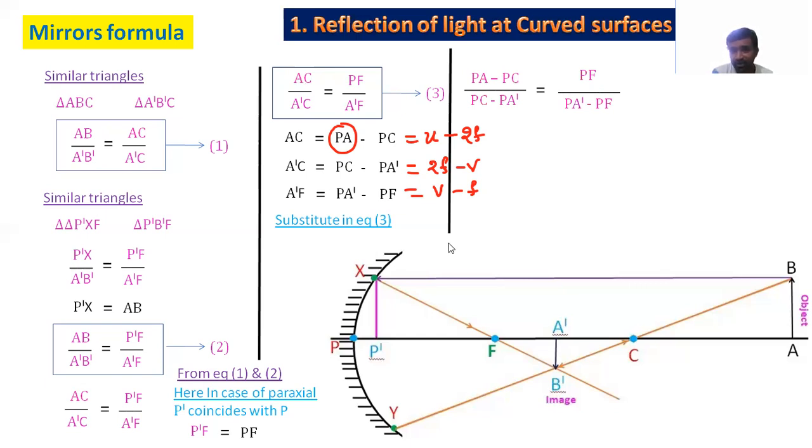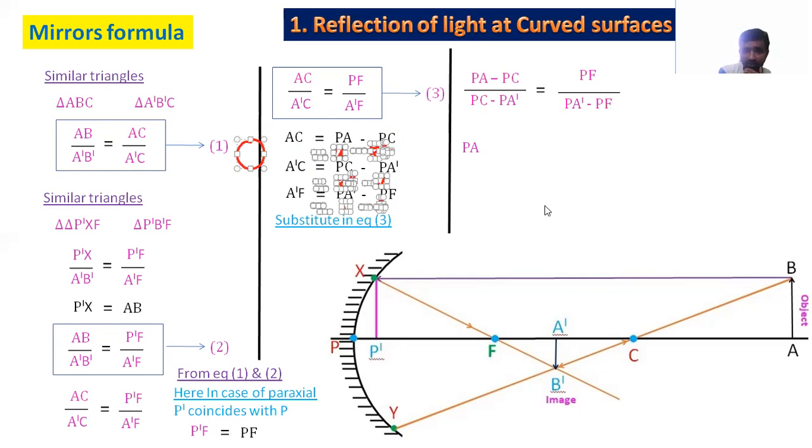What is PC? So that we are replacing now. Just a second, I will clear this, or I will just move there. So below it, okay. Right. So now you are able to see clearly.